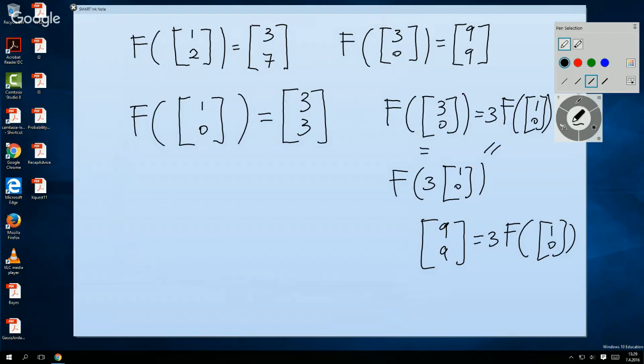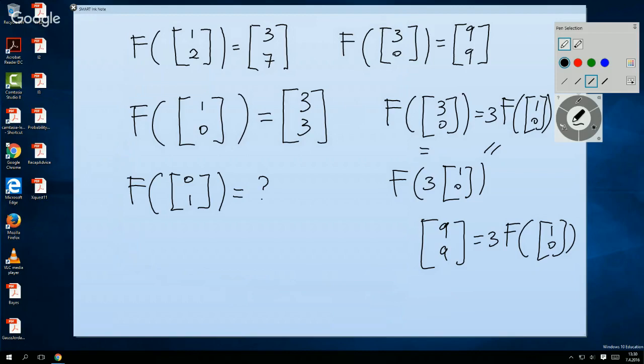Okay? So our next job is to figure out what f of (0, 1) is. That's only slightly more work. But since you know what a linear transformation is, it's just a matter of working on it.